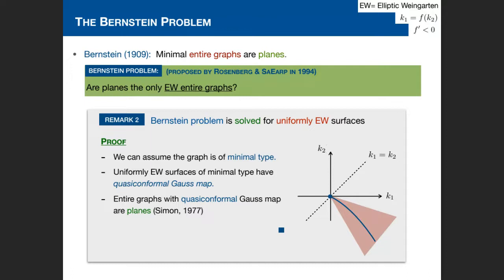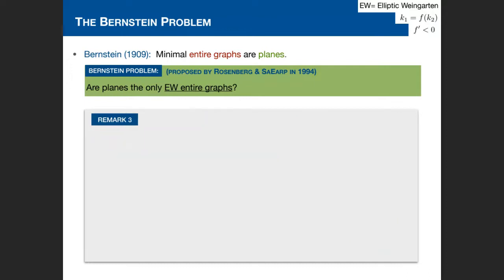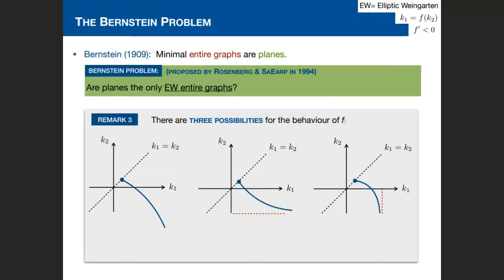So using this result, the Bernstein problem is solved in the uniformly elliptic case, which is a particular case of our problem. And finally, the last remark before stating our results is regarding the behavior of the function f, this function f that gives you the Weingarten equation, okay? So we have three possibilities for the behavior of the function f. Either f is not bounded at infinity, or f has some horizontal asymptote and is defined up to infinity but is bounded, or f has some vertical asymptote, okay? Recall that f is a strictly decreasing function.